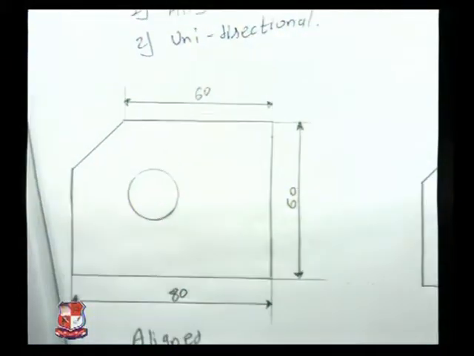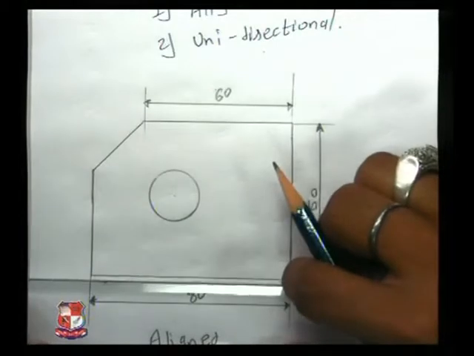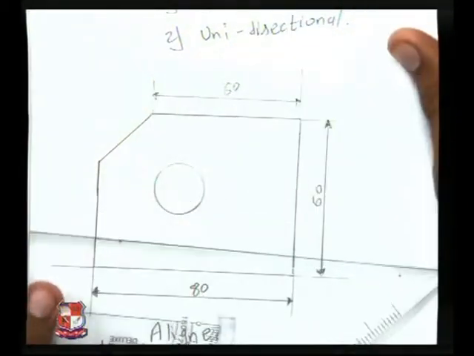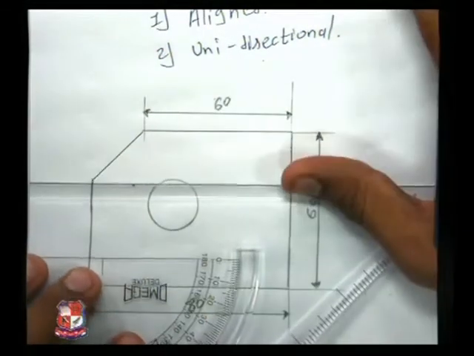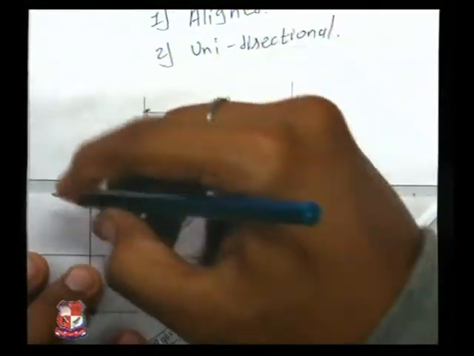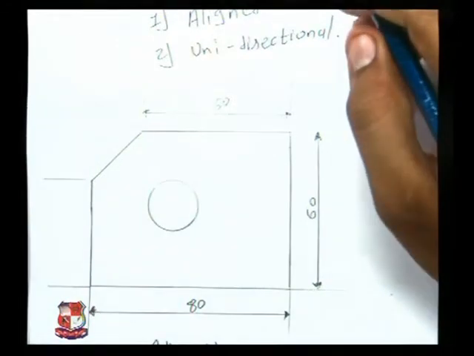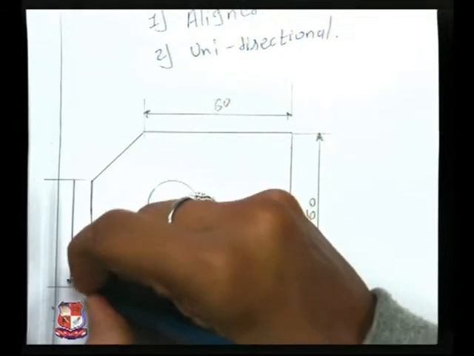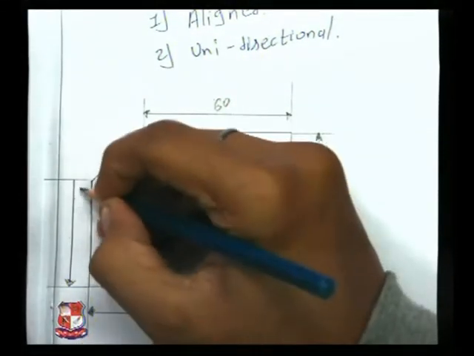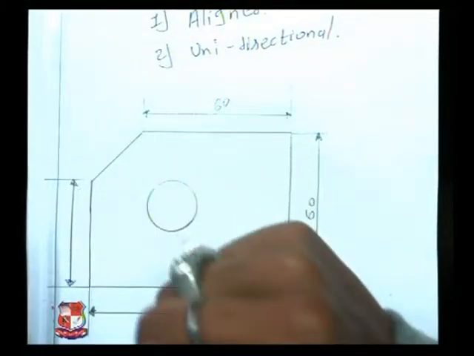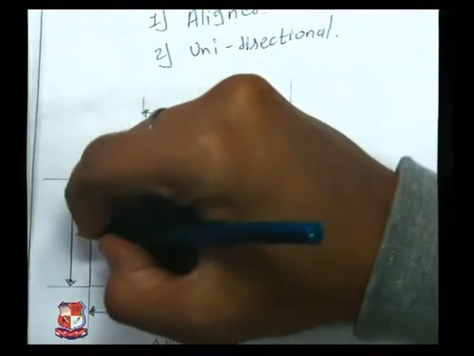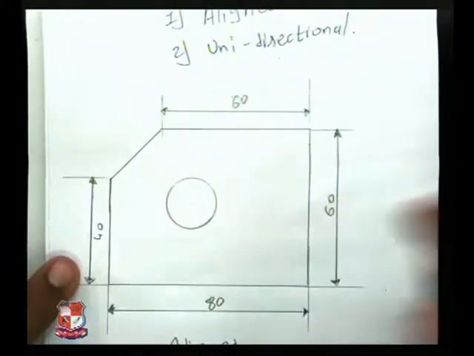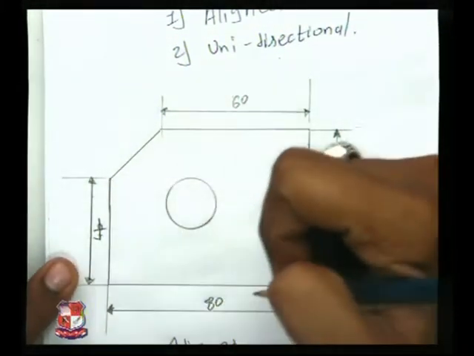Now vertical dimension again. Please be sure that in vertical dimensions, the dimension is always written above the dimension line, not below the dimension line. In this case, some of the students write the dimension like this, 40. This is the wrong method.